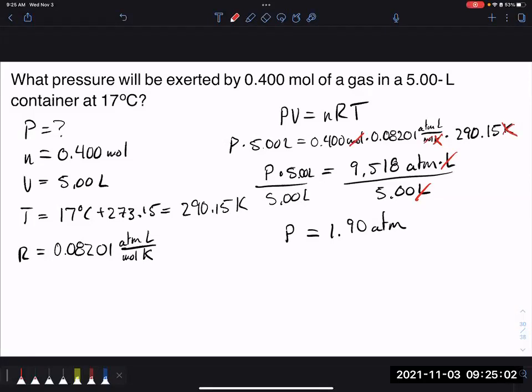This is why it's important to write out the units that you're using throughout, because when you get to the end, your units should work out. If they don't, it means you missed something or used the wrong unit somewhere.